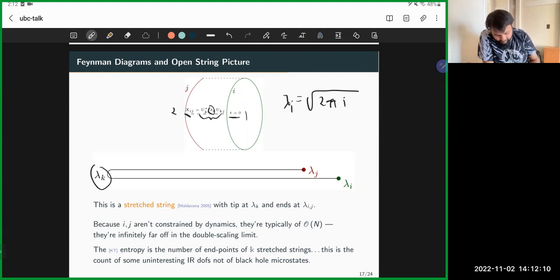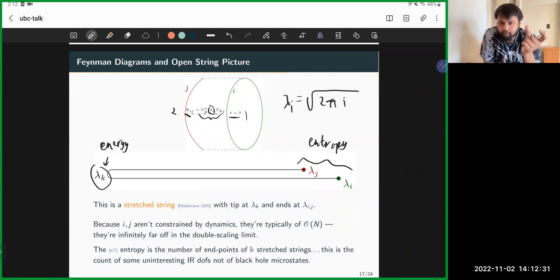The position of the string tip carries energy. This carries entropy. Why do I say that? Well, because we calculate the entropy by asking where all the outer indices on the U's could be, which are literally the outer ends of the string.